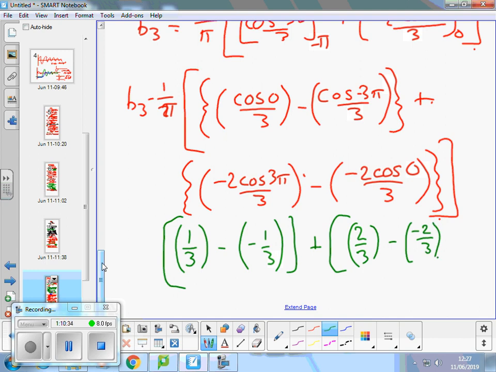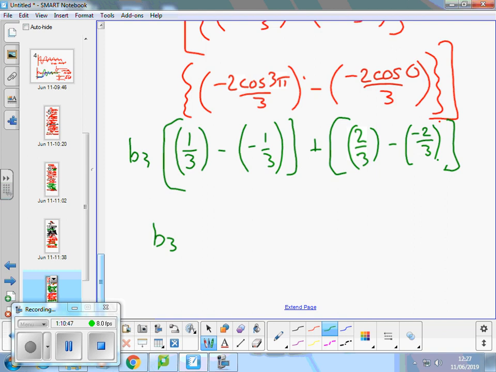Cos of 0 is 1. Minus 2 times 1 is minus 2. All of that evaluates to be equal to 1 over pi times 2/3 plus 4/3 equals 6 over 3 pi.